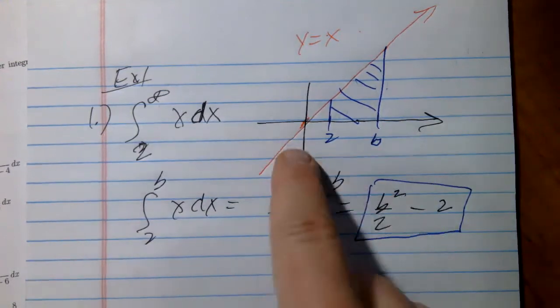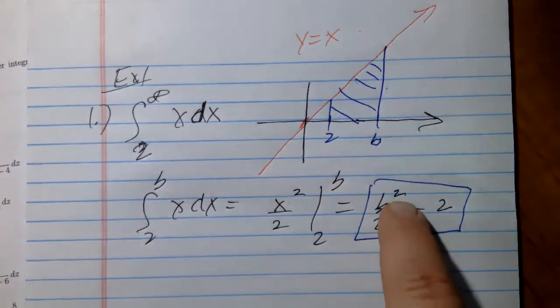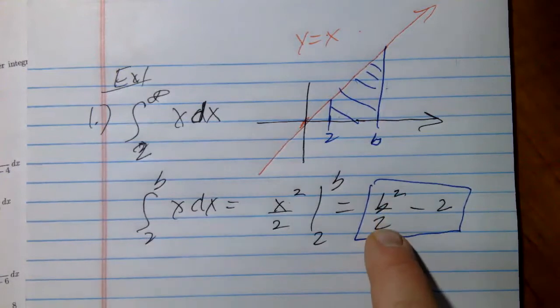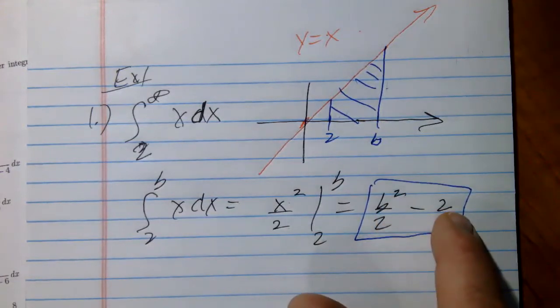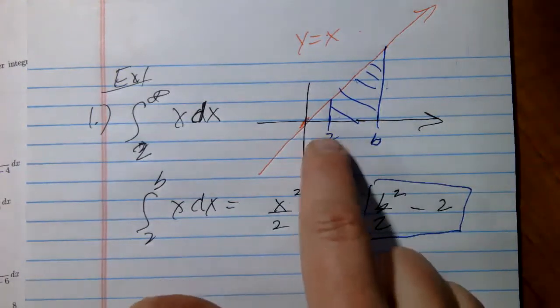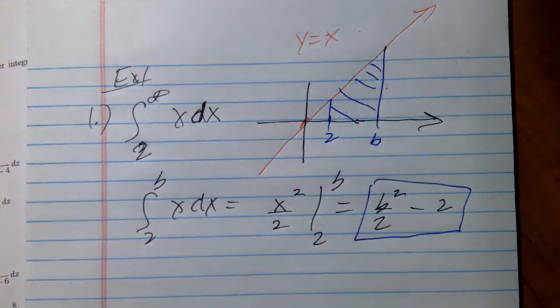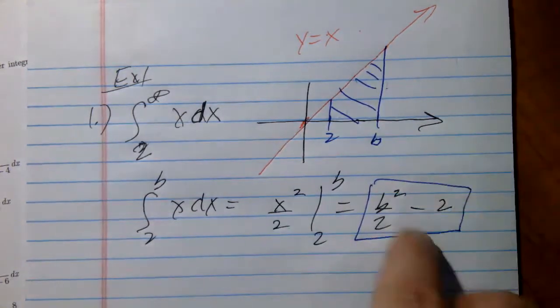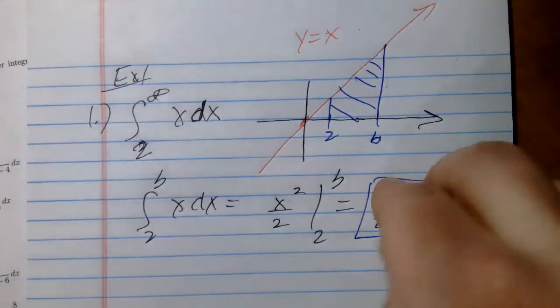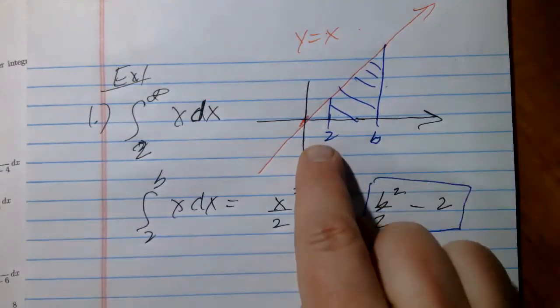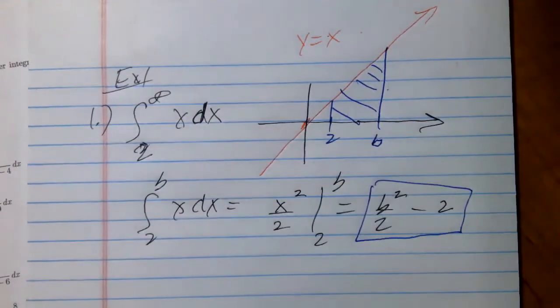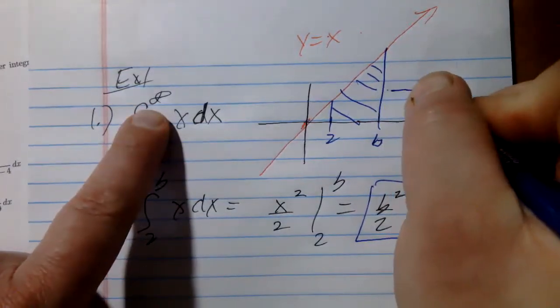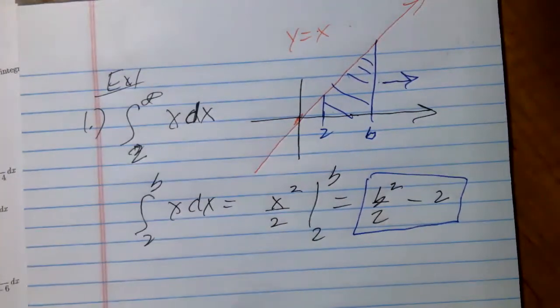Or if I wanted to go from 2 to, say, 3, you plug in 3 squared over 2, which is 4.5, minus 2 would be 2.5. So the area from 2 to 3 would be 2.5. But the point is you've now created a formula that will give me the area from 2 up to this number. Now let's have that upper bound go off to infinity.